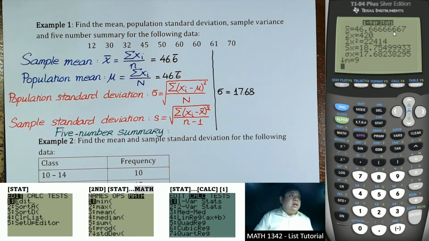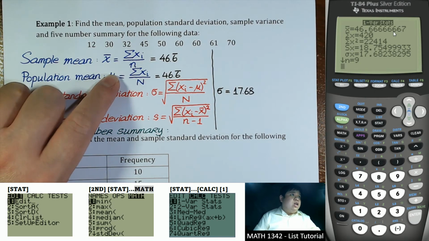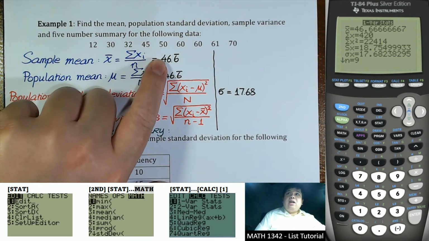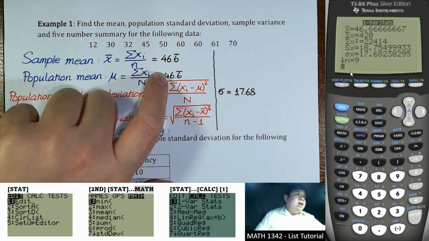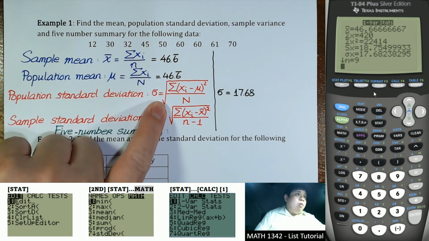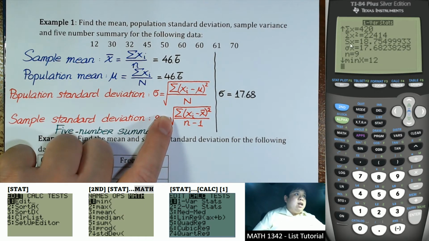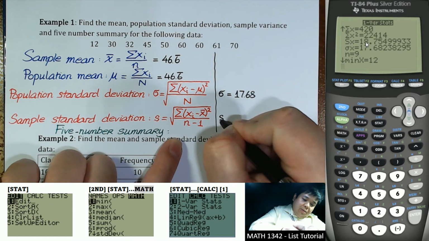So we have the mean, whether population mean or sample mean, is 46.66. Population standard deviation 17.68. And if we use the sample standard deviation, that would be the S, 18.75.